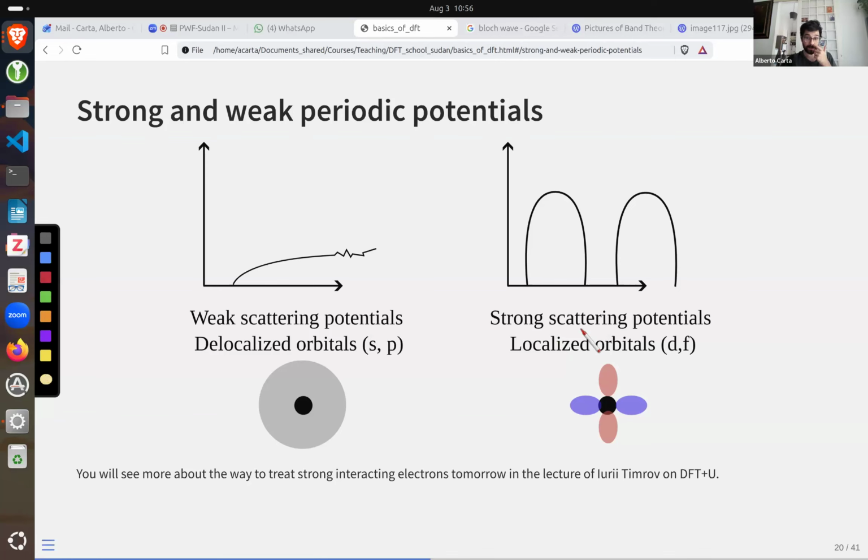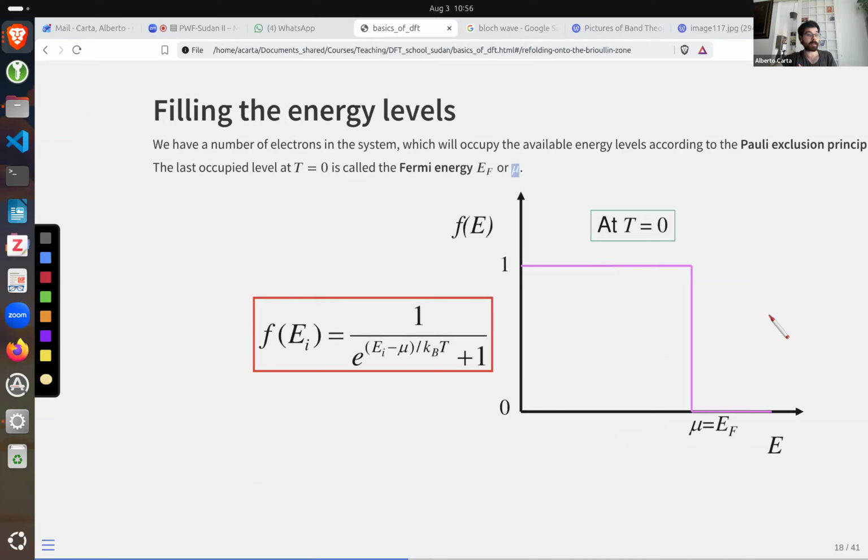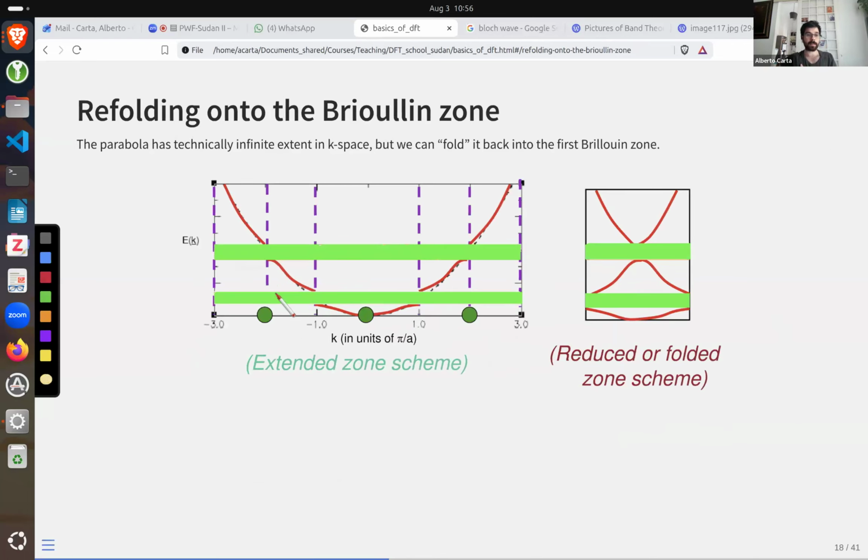If we start to have a strong scattering potential, the gaps that form are very large. The scattering potential changes the shape of the dispersion in very strong and unpredictable ways.